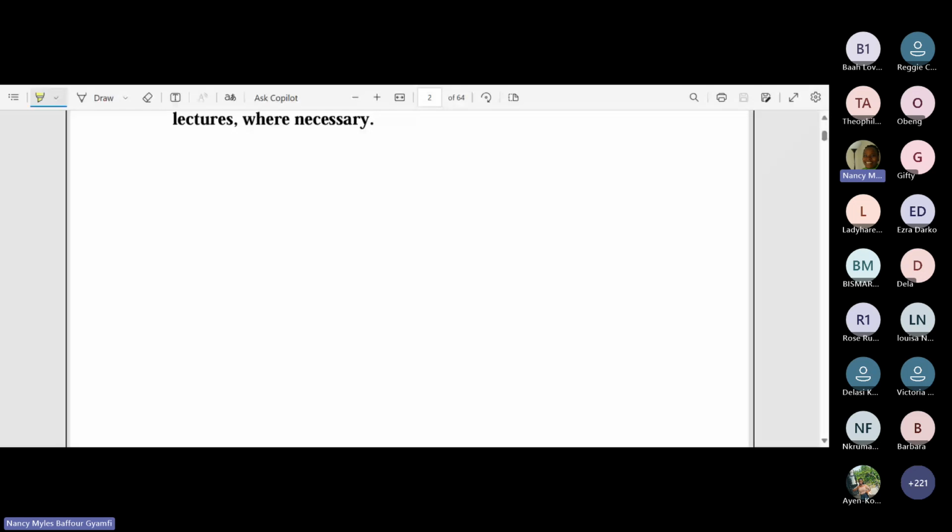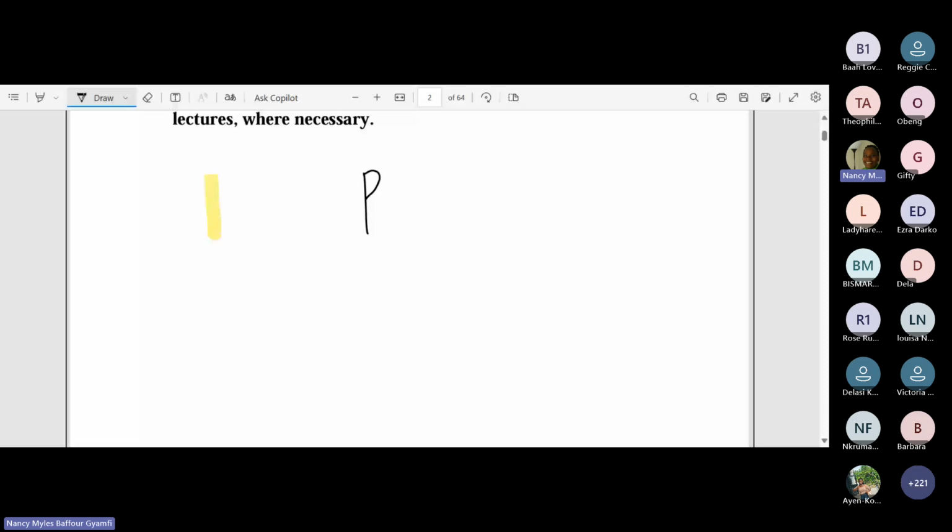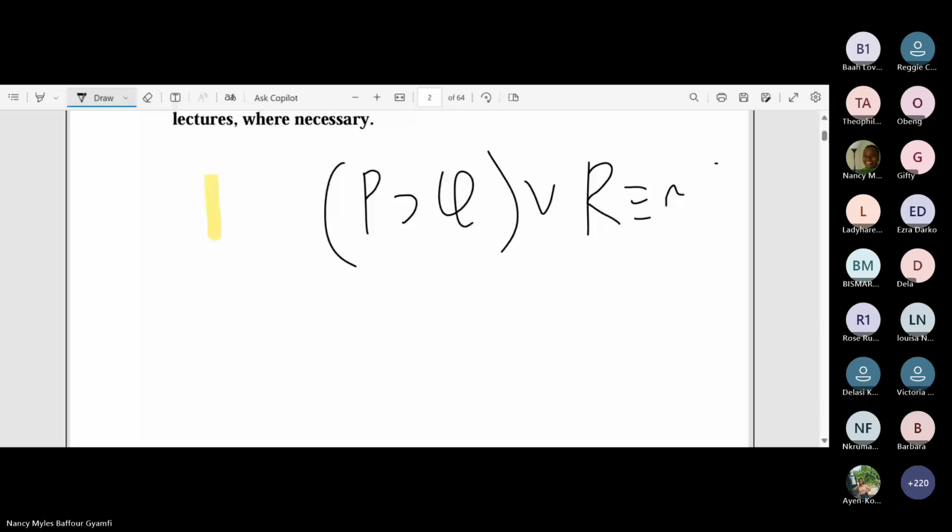Yeah. So if you look at your PHCL, I could give you P conditional Q, or disjunction R biconditional not S together. Keep looking on your screen, please.